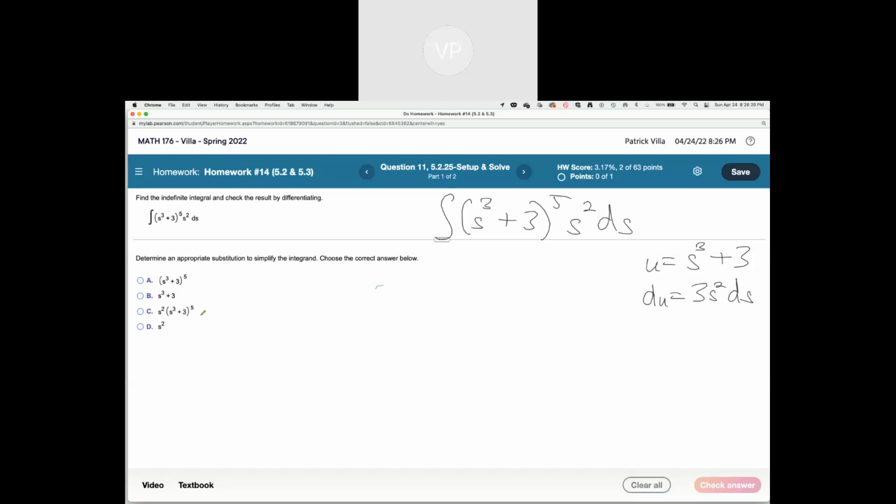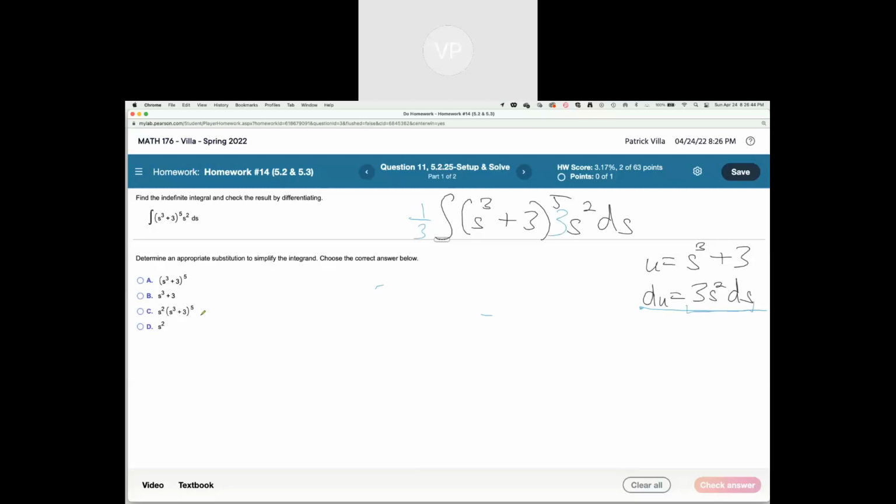And then I'll try to put everything into the problem. Like always, the most important thing is the du. u can be anything, that doesn't matter, but it's what you do with the derivative of it. Do you have the derivative ready? So I need a 3s squared ds to proceed. I have the s squared, got to put that 3 there, and remember the compensation is I'll put a 1/3 right there.